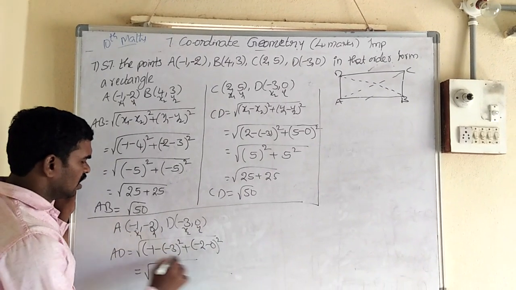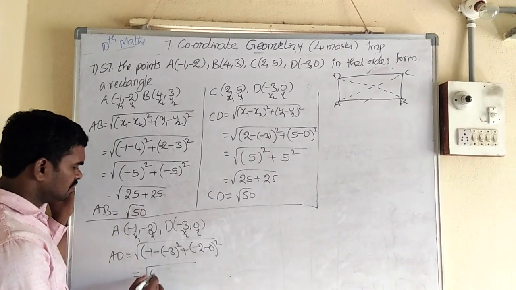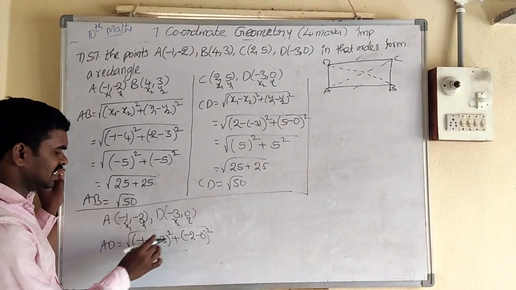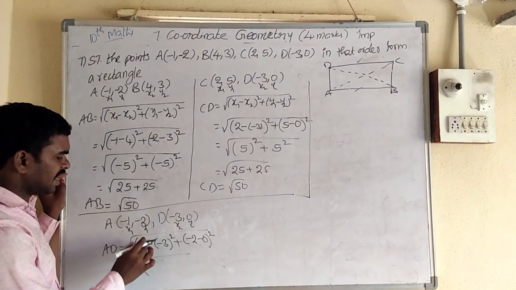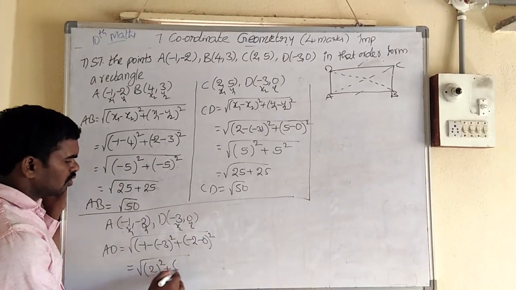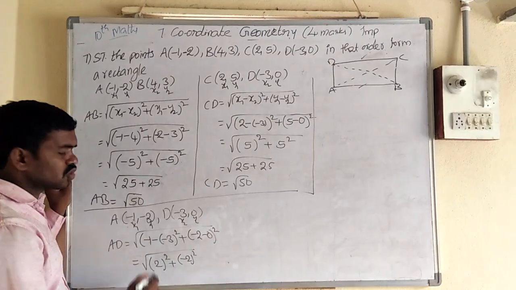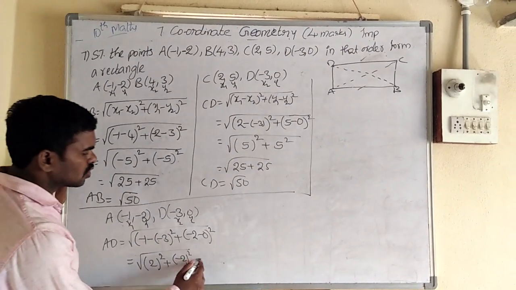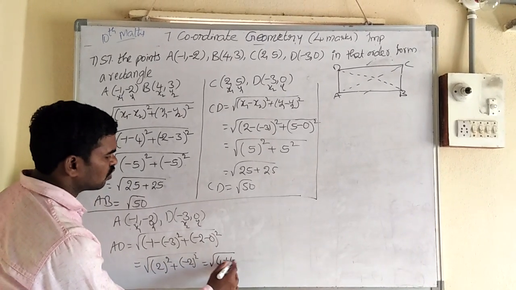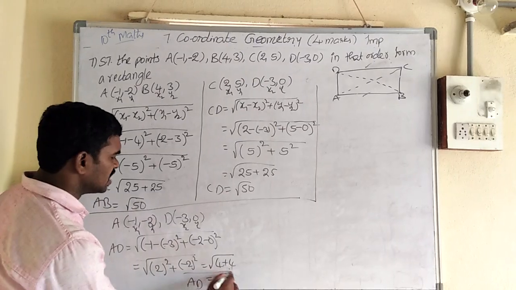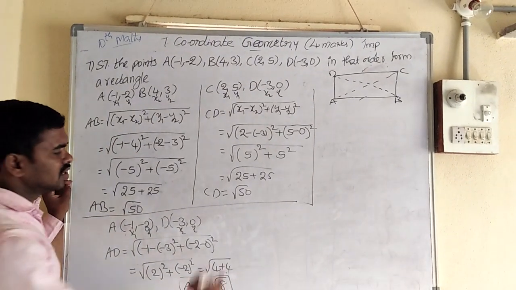So minus 1 minus into minus plus, this is plus 3, this is minus 1. So 3 minus 1 how much? 2. And here 0 removed, only minus 2 whole square. Plus 2 whole square how much? 4. Minus 2 whole square how much? 4. So root 4 plus 4 is equal to what? Root 8. So AD or DA is equal to root 8.